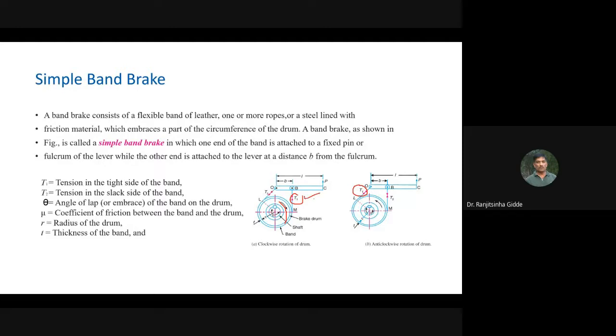So T1 in the previous case is with respect to this point B, and now T1 is with respect to this point O. This is the drum, this one is the shaft and this one is the band. So based on the direction of rotation of the brake drum, these tensions are going to change.